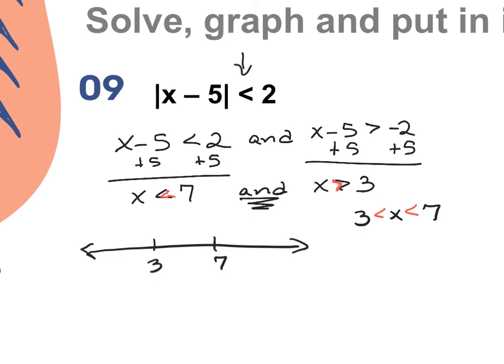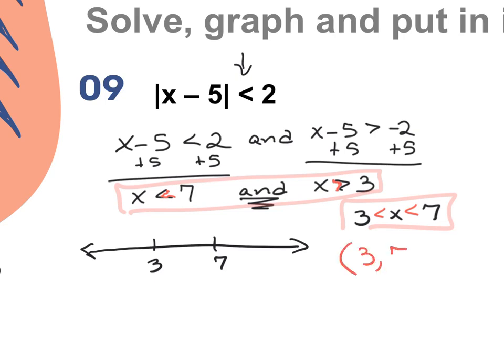So you can also rewrite it like this. So either answer here is acceptable. I'm not sure what WebAssign is going to look for. They're probably going to want the interval. So you would put a parenthesis 3, comma 7. And then here this is open, open, and joined in the middle.